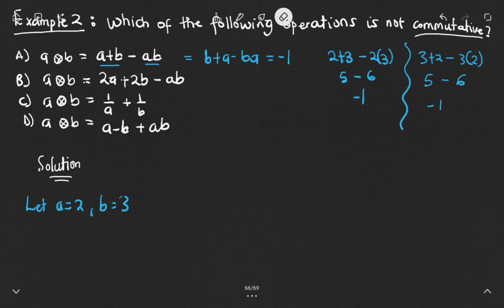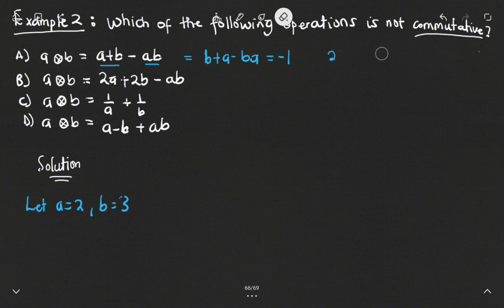All right, so let's proceed to look at option B to see if it's commutative or not. If we interchange the position of A and B, we will have 2B plus 2A minus BA, right? So this is what we are looking at.